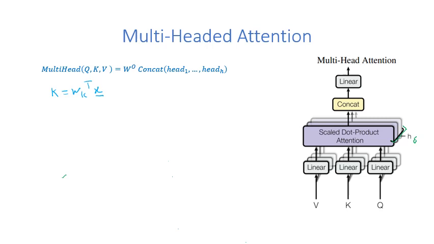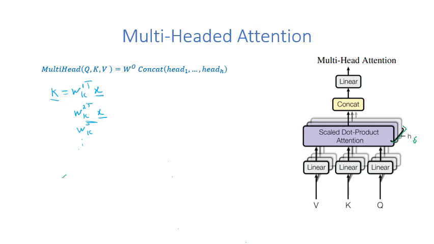So you have W1K transpose X, which gives you 1 key, and then you have another one, different from the first one, and you have the third one, and so on and so forth. So you basically compute several keys, several queries, and several values.